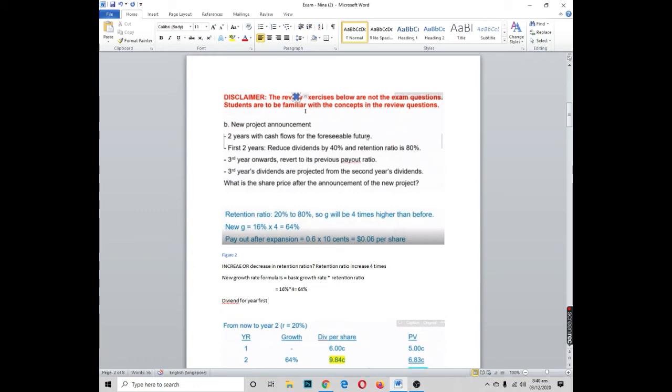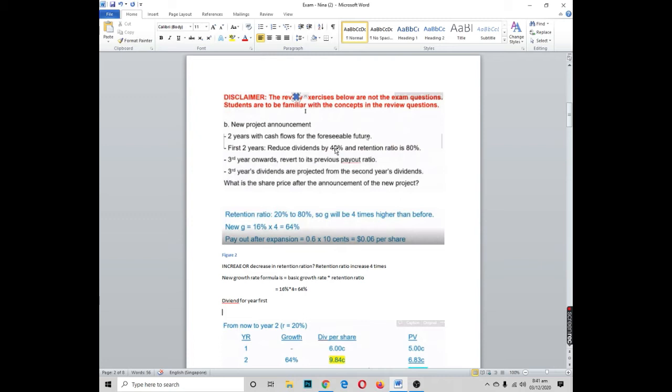For dividend year first, in part A we received 10 cents per share, so here it is reduced by 40%. 0.10 multiplied by 0.6, the answer will be 0.06.